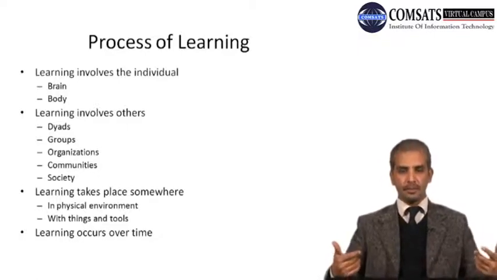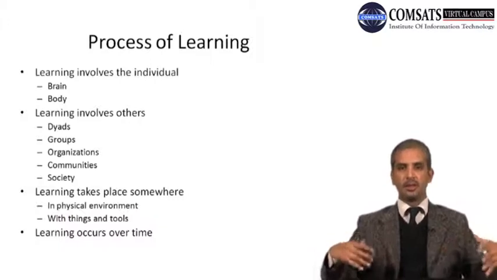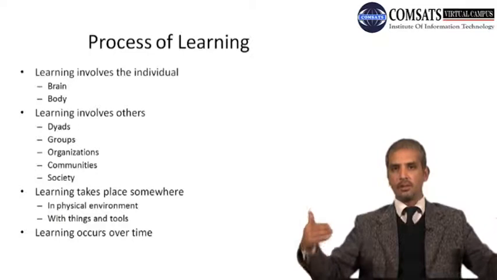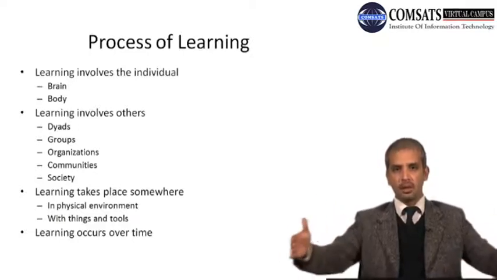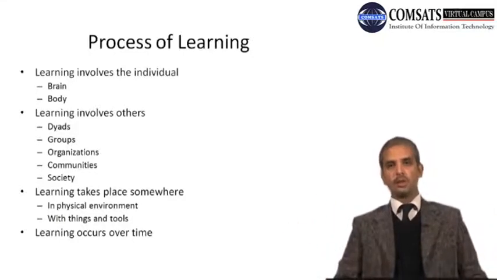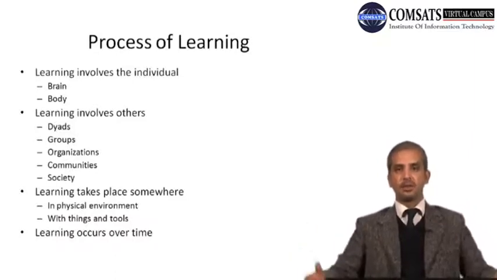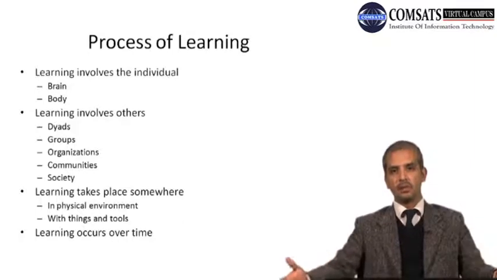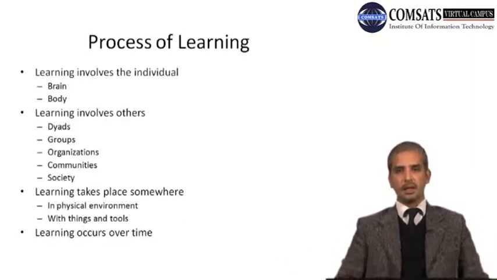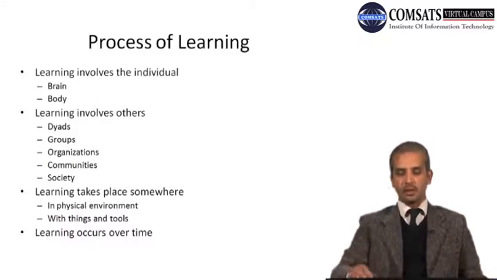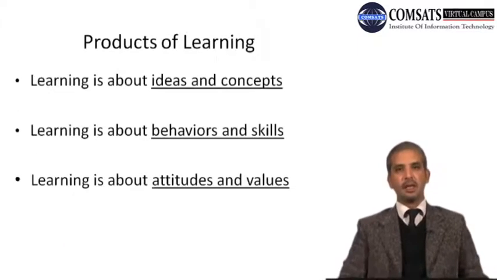And that organization and culture and community is in a physical environment, or that individual along with his brain and body and all those groups and society and organization are in a physical environment. So that physical environment has certain tools and things, and that is how the learning process takes place. It is a very interesting thing to see learning as a process.